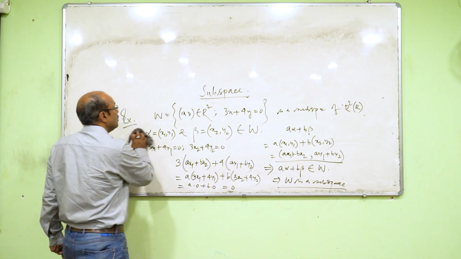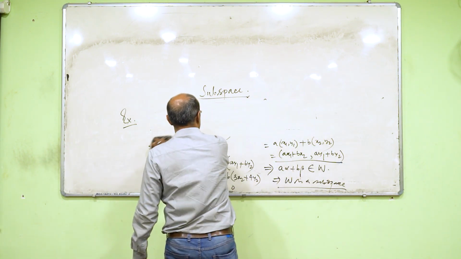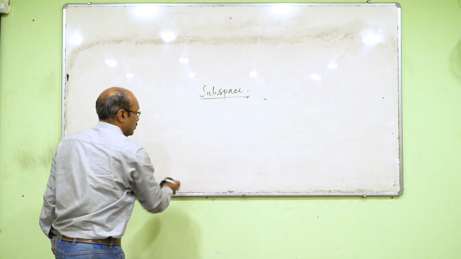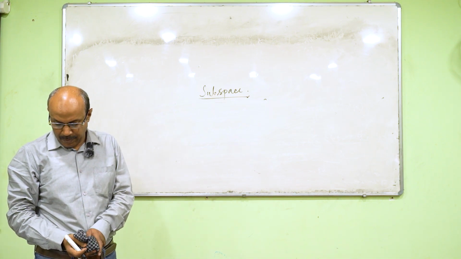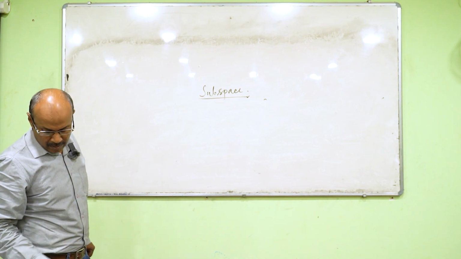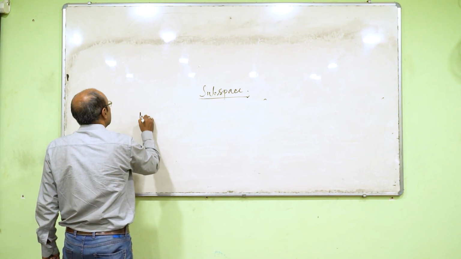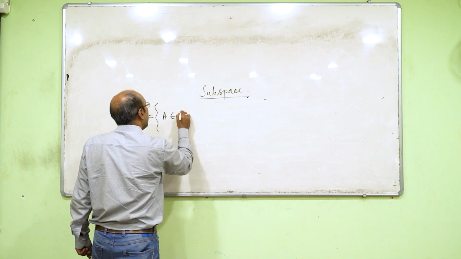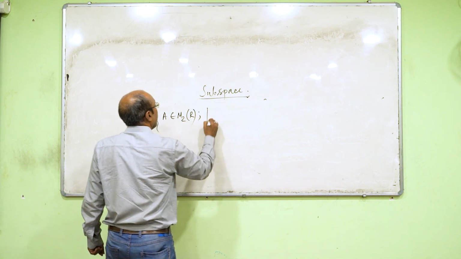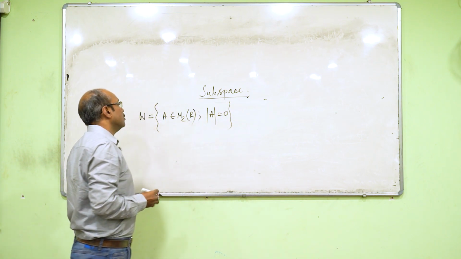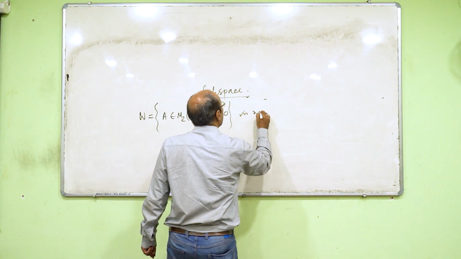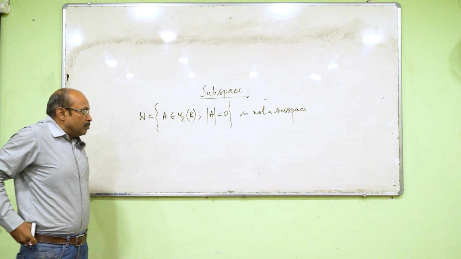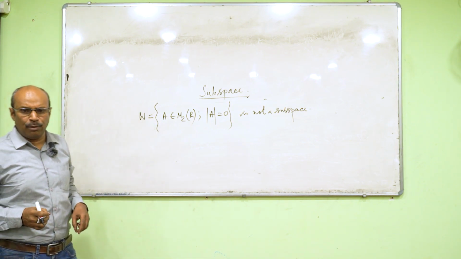Take another example. In the first example, we saw that the non-empty set capital W is a subspace.